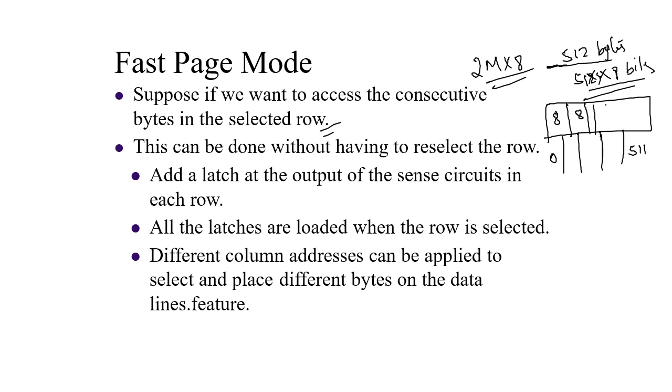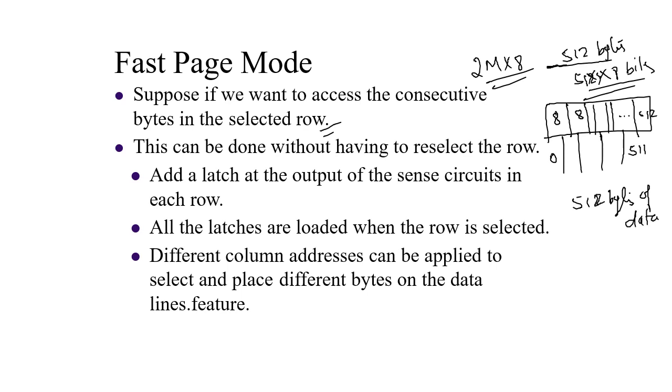In each column you will have 8 bits of data. In total you will have 512 such bytes present in the 2 mega into 8 DRAM cell. Now in this case, even without changing the row address, we can access 512 bytes of data.